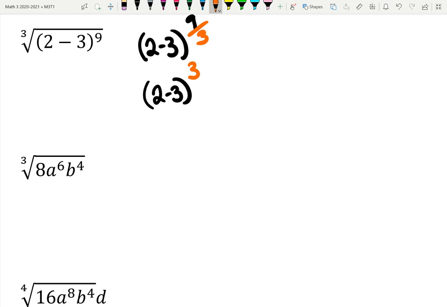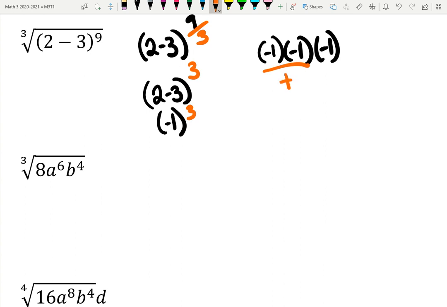And I'm done. I could keep on going. 2 minus 3 is going to be negative 1 to the 3rd power. Negative 1 times negative 1 times negative 1 is going to be a positive times a negative, which is going to be a negative 1.